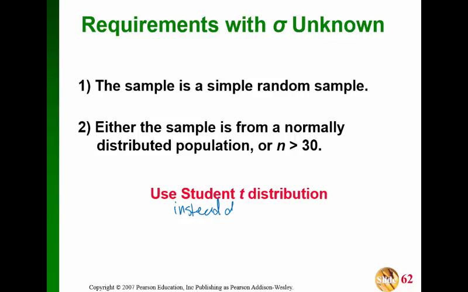Instead of the Z distribution, which is what we've been using all along, now we're going to use a student T distribution. So less requirement, more complicated. The complication is going to happen when we start talking about degrees of freedom.